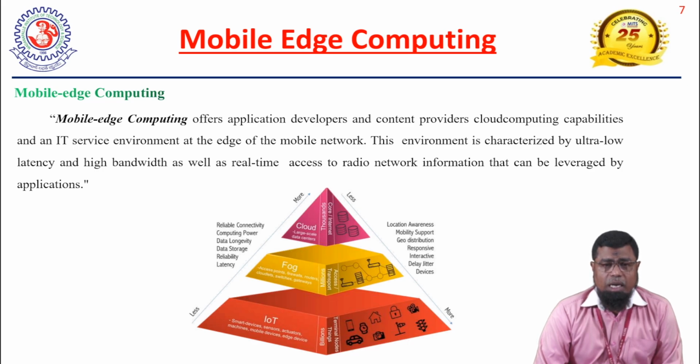The connectivity will be very low when we are at the end users, and it will be very high when we are at the cloud level. The connection should be reliable for a longer amount of time. In that sense, reliable connection is less at the bottom layer, and more at the top layer.